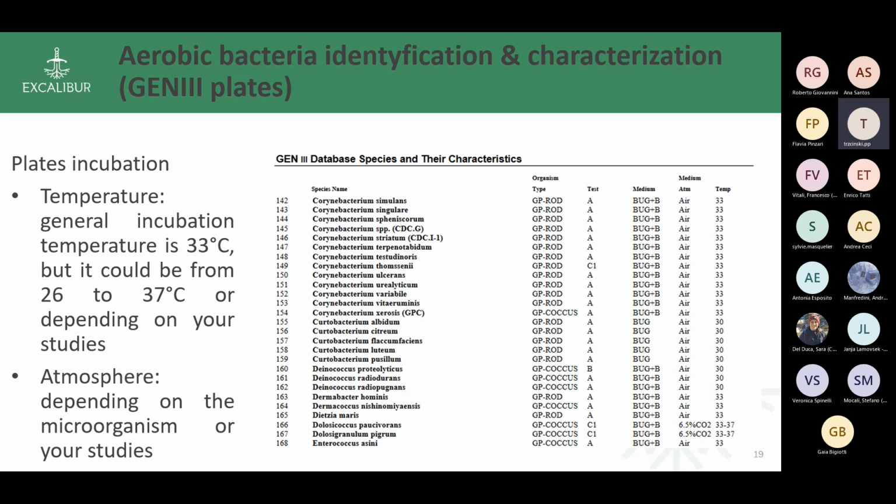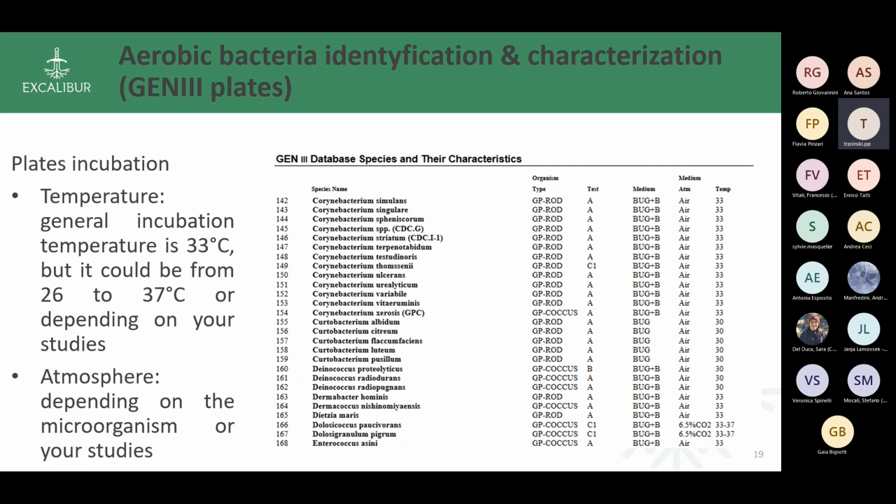But for identification, the BIOLOG company provides some information about the type of the microorganism, which protocol you have to use, which type of medium, atmosphere, and temperature. Probably you can find this on the internet.